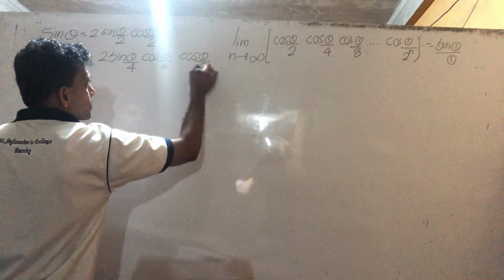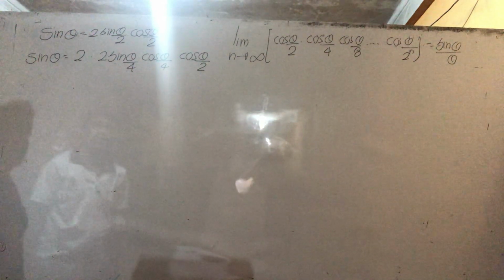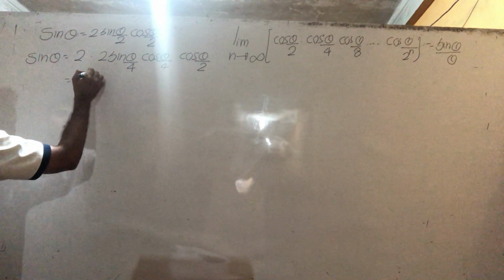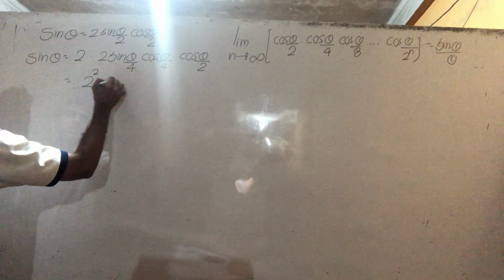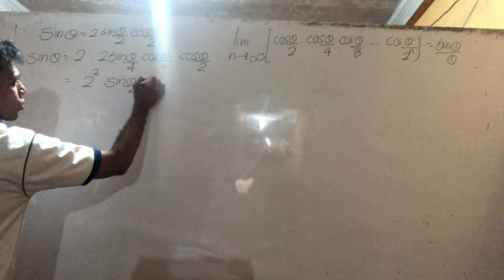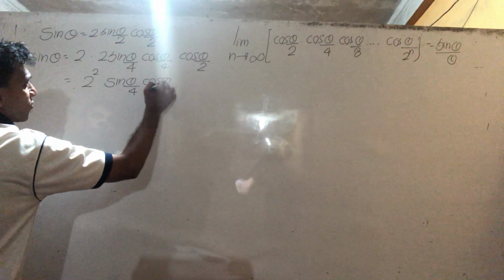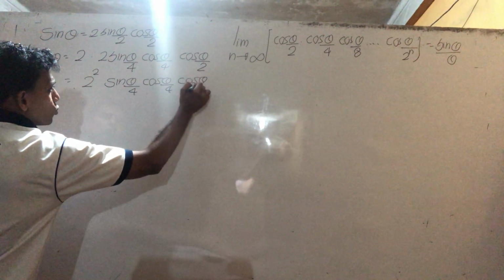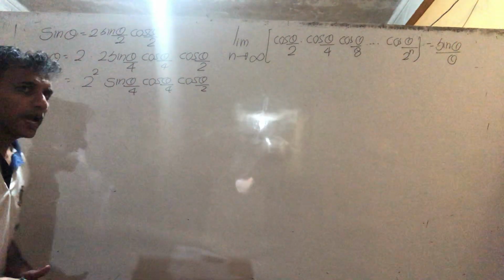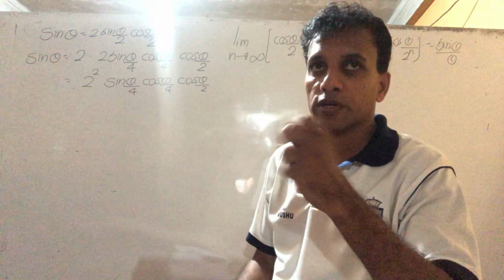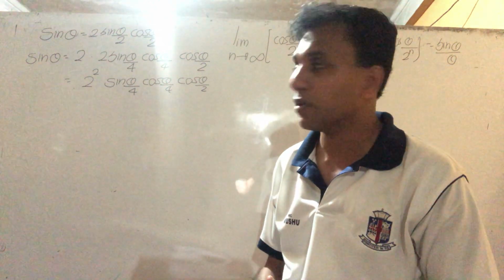Okay, check that. So otherwise, can I say 2 to 2 squared? 2 squared sin theta by 4 cos theta by 4, at last cos theta by 2. I can show another one also, the other step, other pattern also, then only you can recognize what happened, this idea of series.